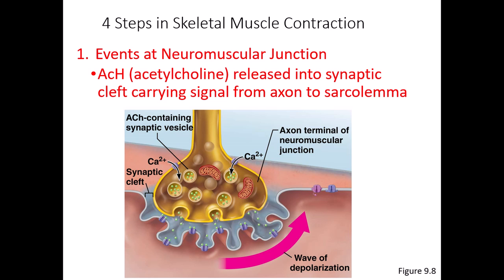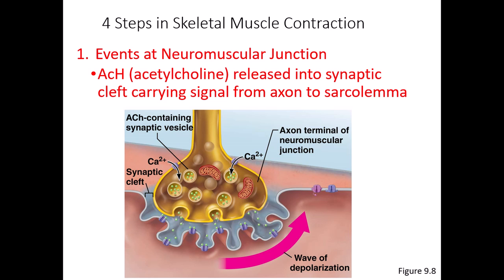However, where the neuron meets the muscle cell, there is a space and the electrical signal can't cross that space. So we have to convert the electrical energy to chemical energy. And that is done through the use of a neurotransmitter. So acetylcholine, ACh, is the neurotransmitter that's going to be used in skeletal muscle contraction. And we'll see how it's going to be released into the synaptic cleft to move the signal to the sarcolemma.